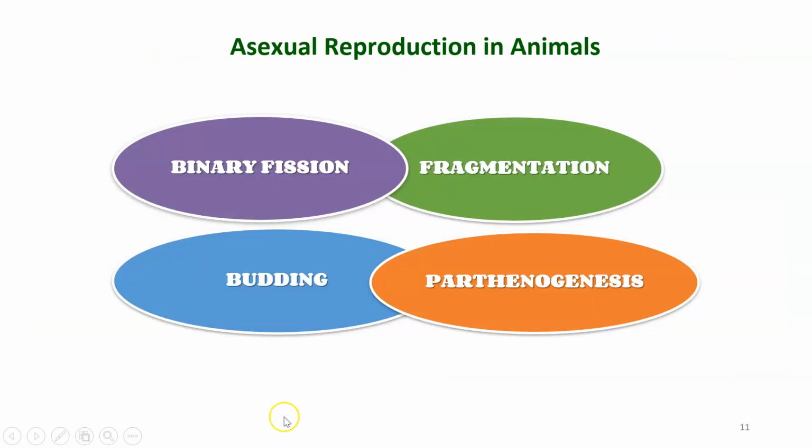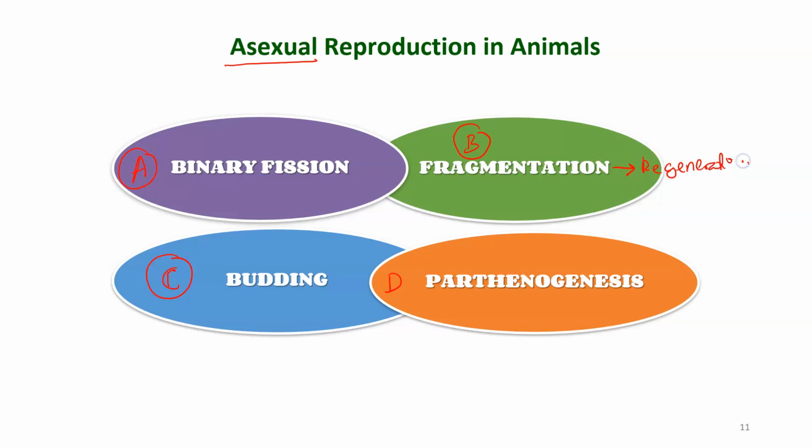Okay, so for animals that practice asexual reproduction, there are 4 types of asexual reproduction. We have binary fission, fragmentation, budding, and parthenogenesis. Fragmentation, you can note here, is followed by regeneration.